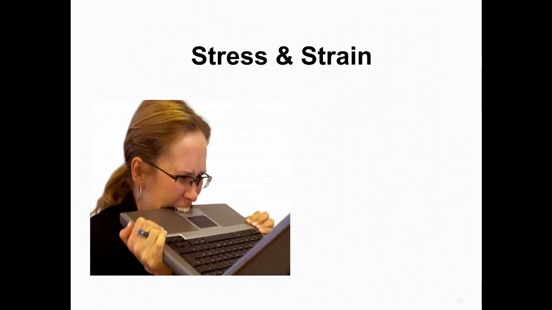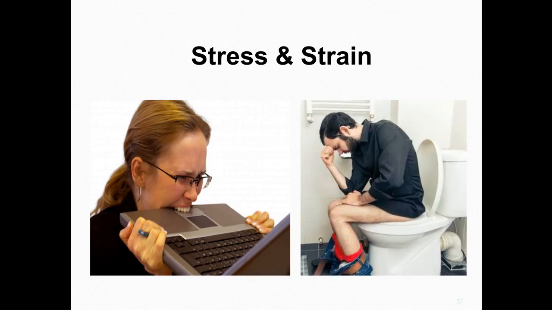Let's now move on to talking about the related concepts of stress and strain. Strain is simply the measure of how much an object is stretched or deformed. In other words, how much an object has changed its dimensions.